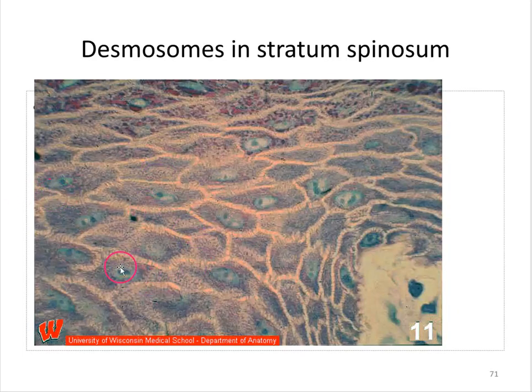Here's a special stain for desmosomes that can show them bridging the cells. And what you're seeing is part of the desmosome. You're seeing the proteins that reach out and grab the proteins from the neighboring cell. You're not seeing the plates inside the cell or the fibers inside the cell that hold the plates in place.